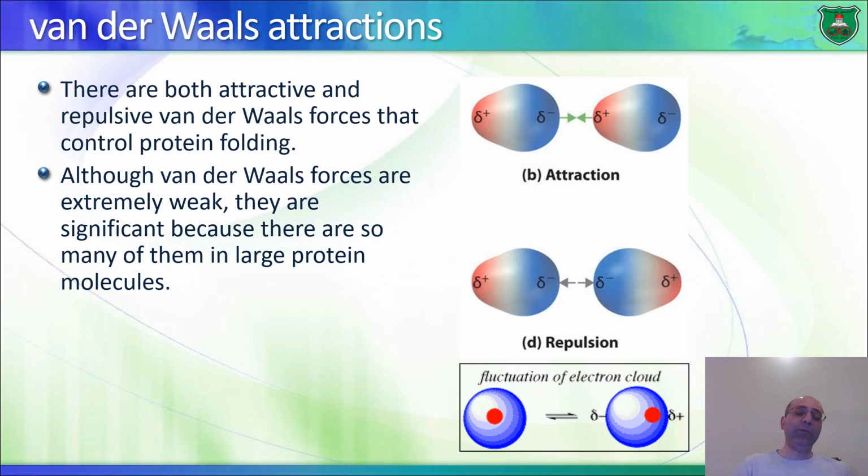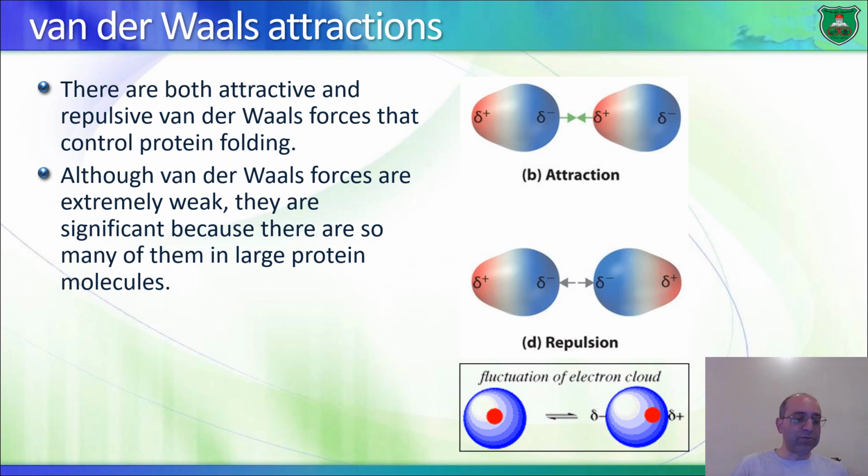Now, I keep on telling the same story year after year, and that is, if you have a van der Waals interaction by itself, just one van der Waals interaction, its effect is negligible. It's nothing. It has no effect whatsoever. But because you have a large protein structure with a lot of van der Waals interactions, now these interactions do make a difference.